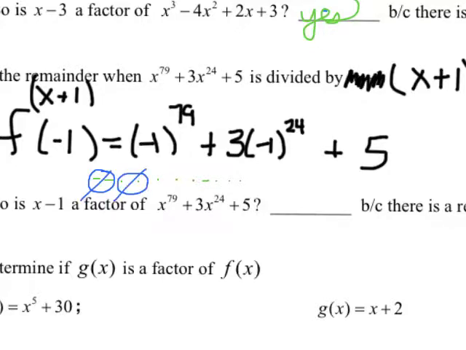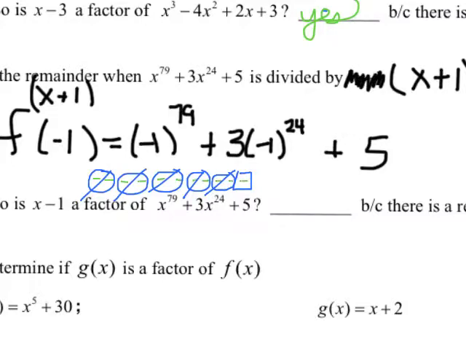This pair of negatives cancels out, becomes positive. So you can see every time you get 2 together, they cancel out. If you only have something that's multiples of 2, it's going to be positive. But when you end up with one odd leftover negative sign, it is going to stay negative.